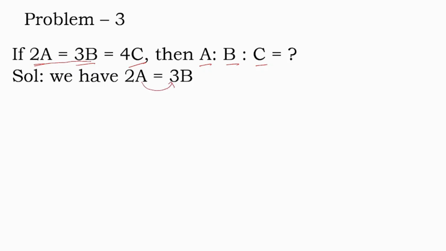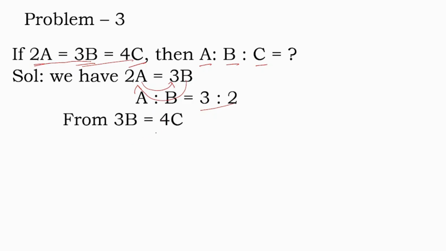So here a equals 3 and b equals 2. That's why the ratio of a is to b is 3 is to 2. Similarly, between b and c, the equality is 3b equals 4c. That is b equals 4 and c equals 3. So the ratio b is to c is 4 is to 3.